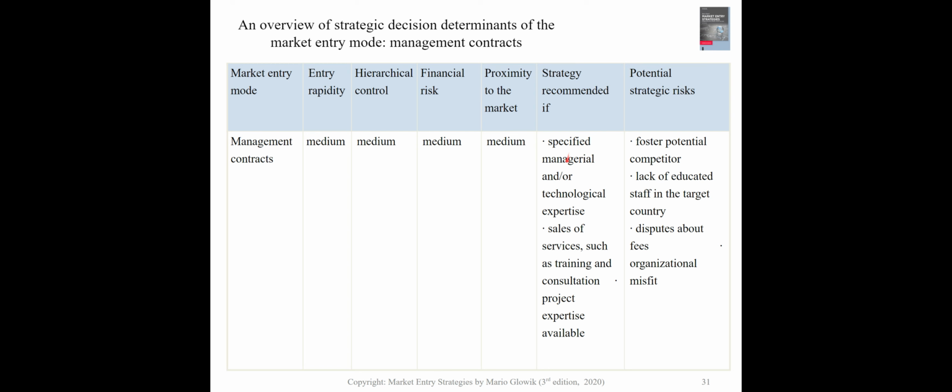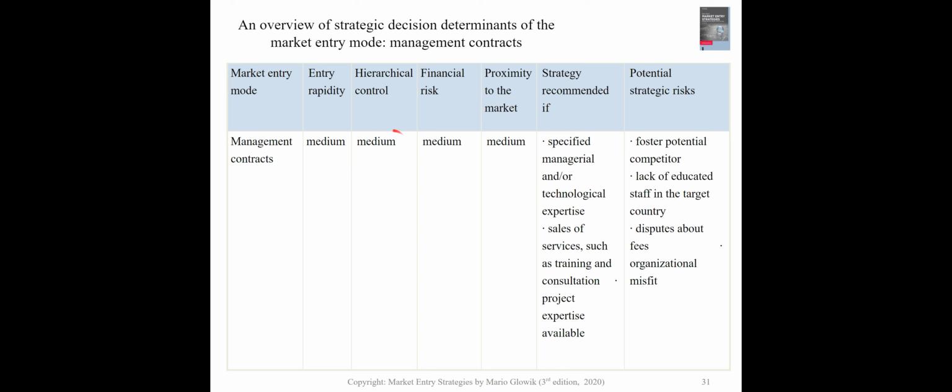That strategy is recommended if there's a specified managerial or technological know-how available, and we are able to sell our services, including training and consultation, to a foreign partner abroad, which still has the entrepreneurial risk. So that's why the financial risk is shared.